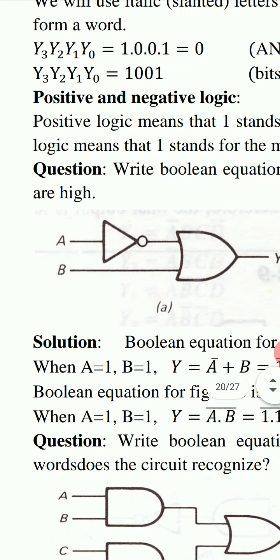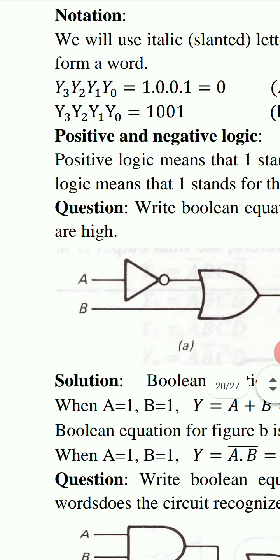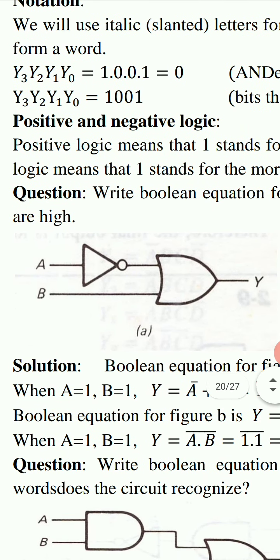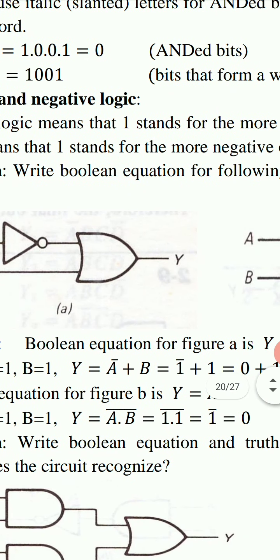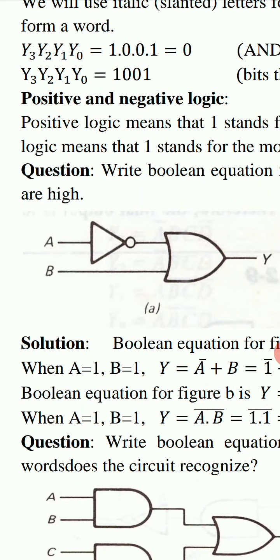If y0 is 1, y1 is 0, y2 is 0 and y3 is 1, then when y3, y2, y1, y0 is written in italic slanted letters, it represents the AND operation, with a dot between all the bits.